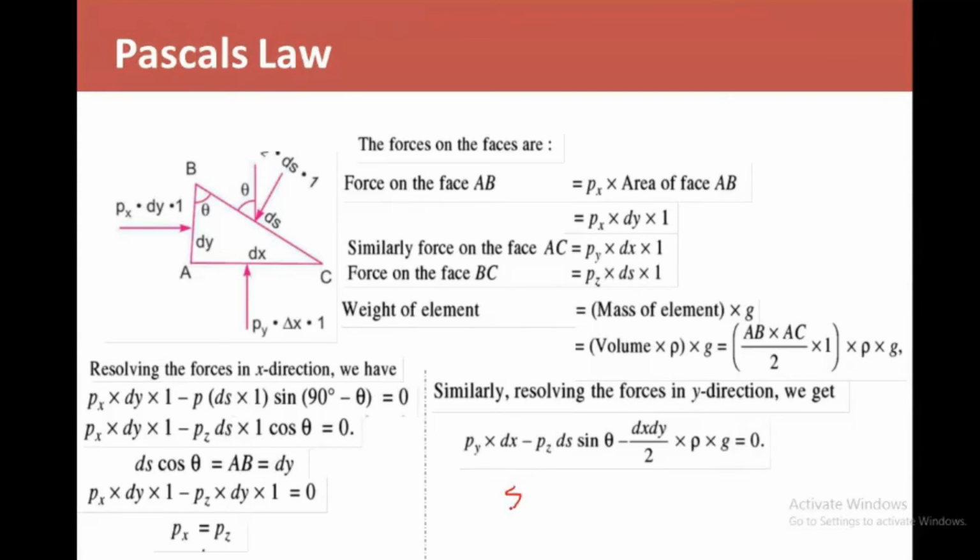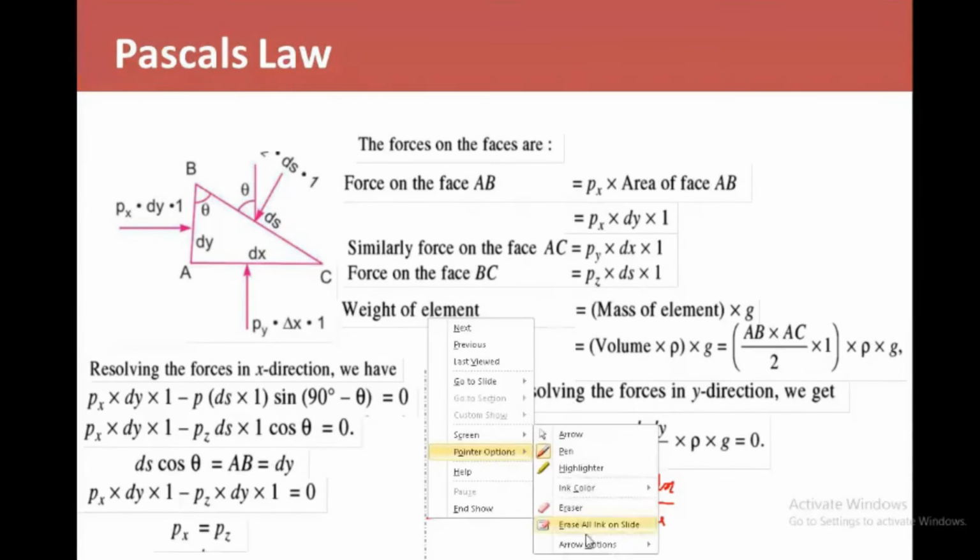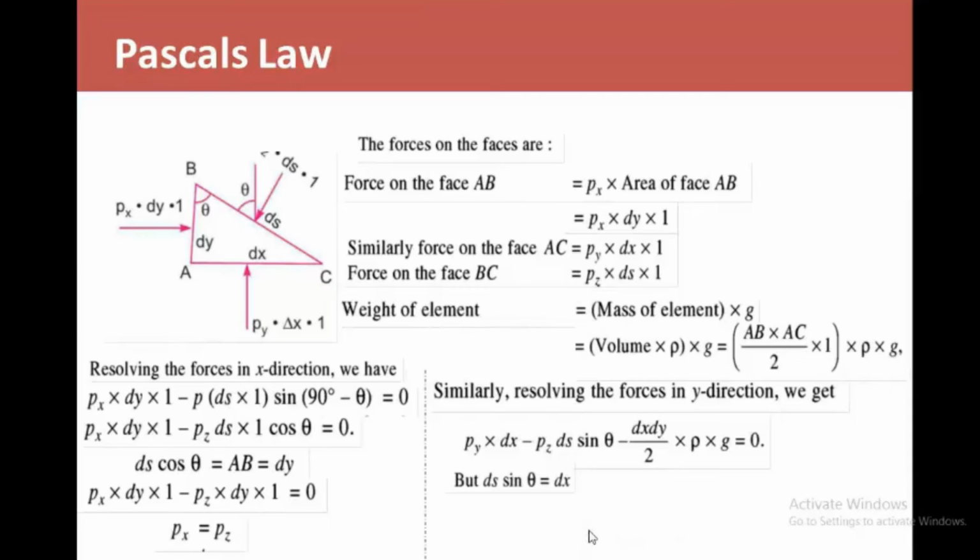Sin theta is equal to AC upon BC. So we know AC is dx, so sin theta is dx upon ds. So dx is nothing but ds sin theta. So you can put that value. So ds sin theta is nothing but dx.